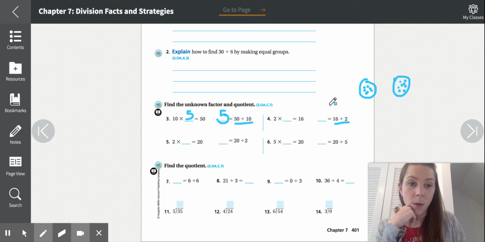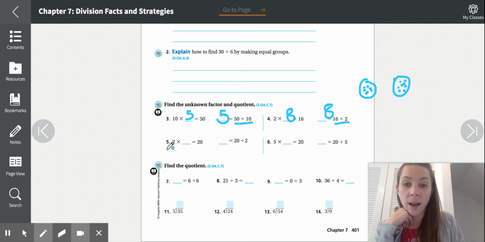So how many is in each one? 8. So 2 times 8 equals 16, okay? This will probably be the last time I show this strategy on this page because now you should know how to do that strategy with any division equation, okay?